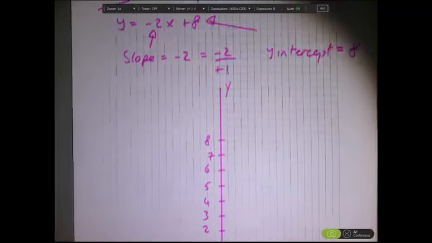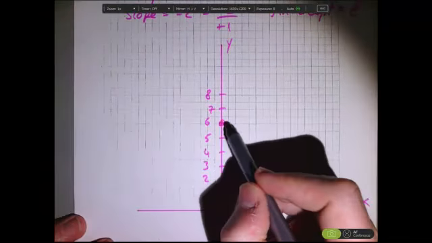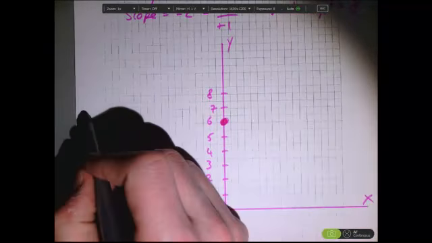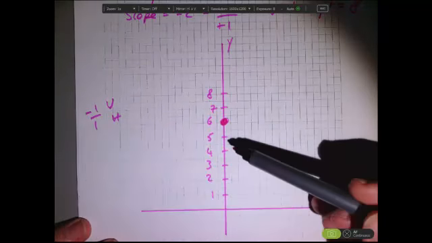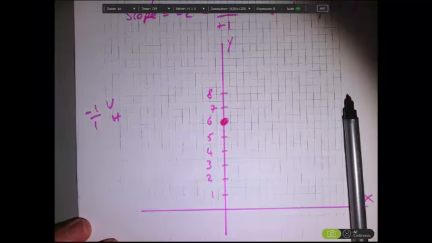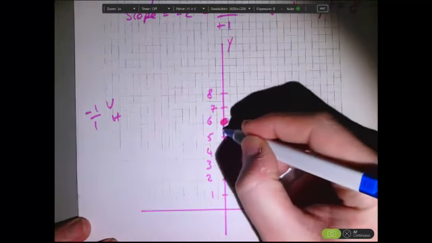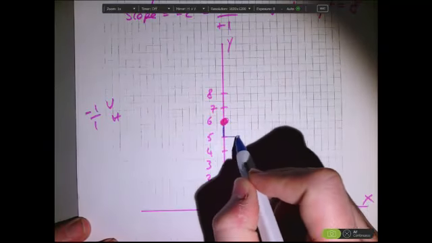And recall, please, that the slope is minus 1 over 1. We'll deal with that in more detail in just a second. So that means that the starting point for my first equation is at 6. If the slope is minus 1 over 1, that's vertical over horizontal. So that means I'm going to travel down 1 unit and across 1 unit to here.